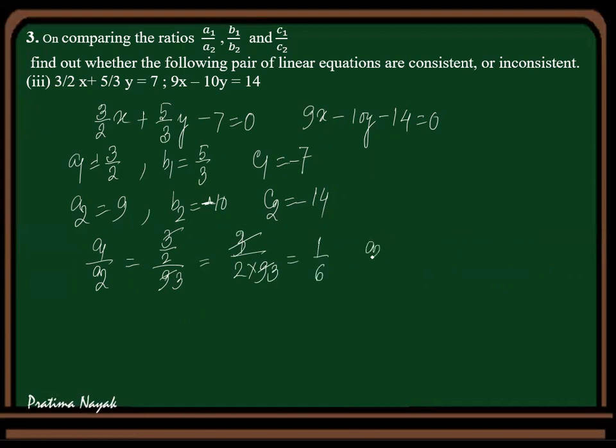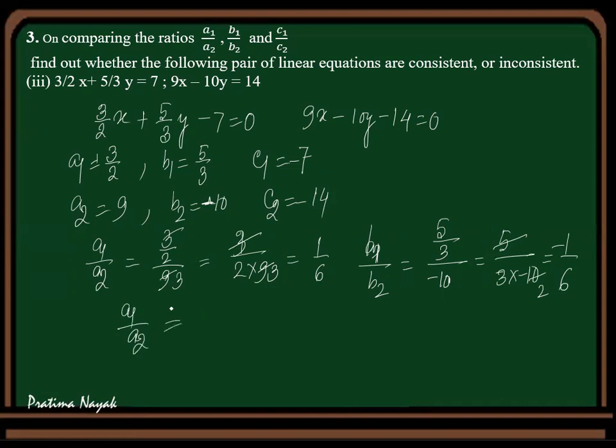Next is b1 by b2. It will be 5 by 3 upon minus 10. This will be 5 by 3 into 1 by minus 10. That will be minus 1 by 6. So are they equal? a1 by a2 is not equal to b1 by b2.